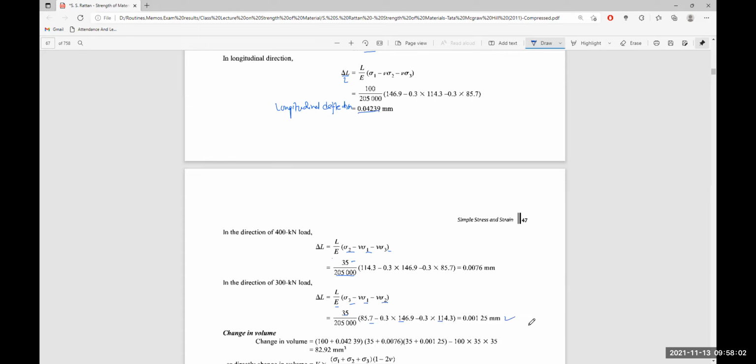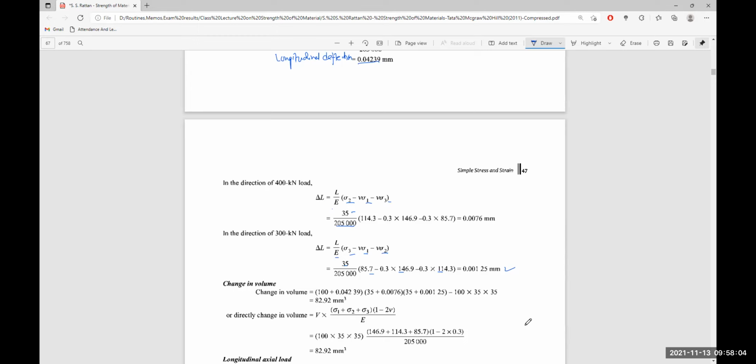So we have got the change in length in three mutually perpendicular directions. We add each change in length to the original lengths, 100, 35 and 35. The changes were 0.4239, 0.0076, and 0.00125.